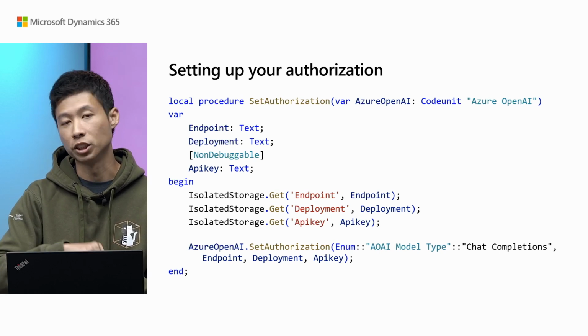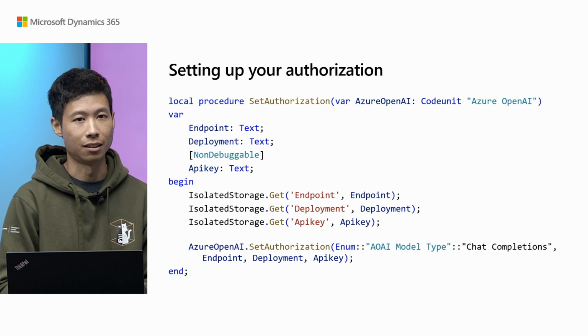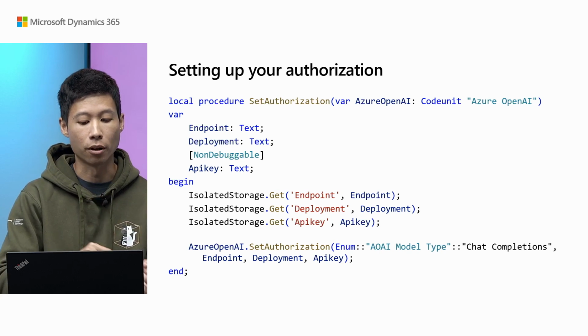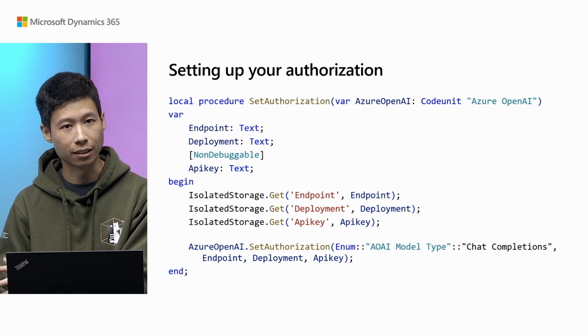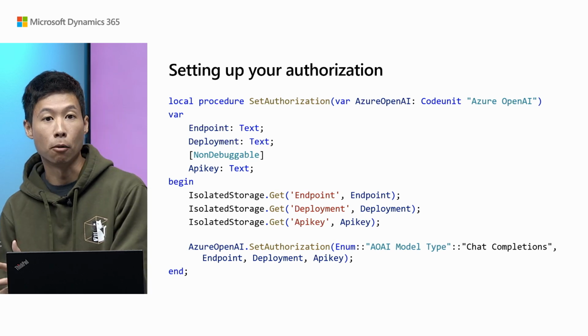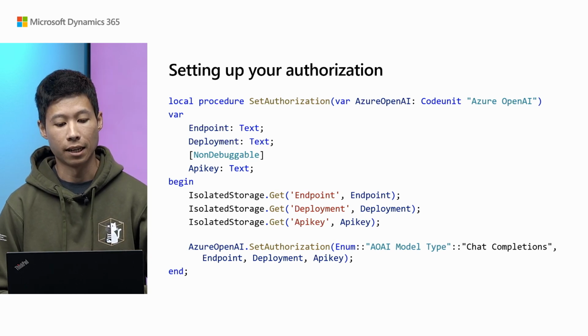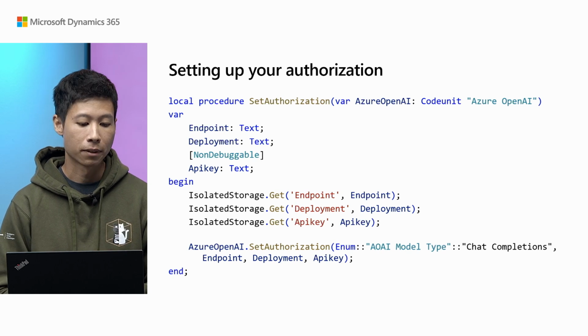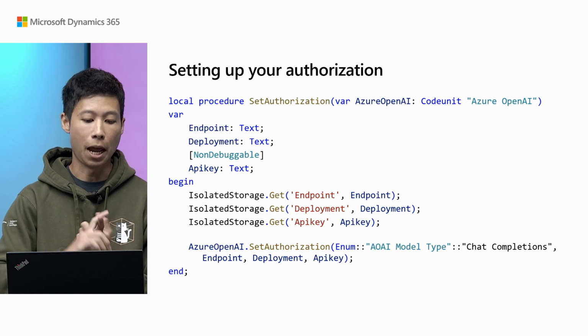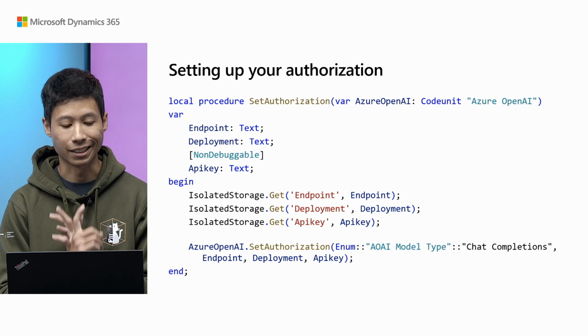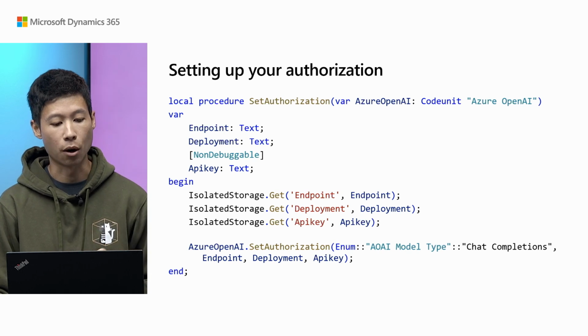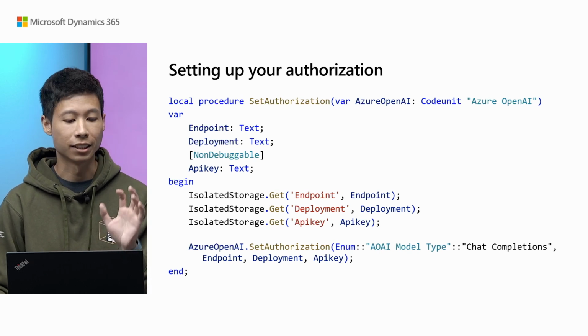So not all models would support, say, text and chat. One might support only text or only chat. And embedding models do not support either of those. So key distinction there. And then I put in the endpoint, deployment, and API key. So then we have our authorization set up.